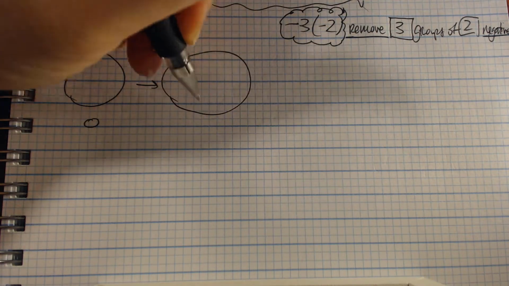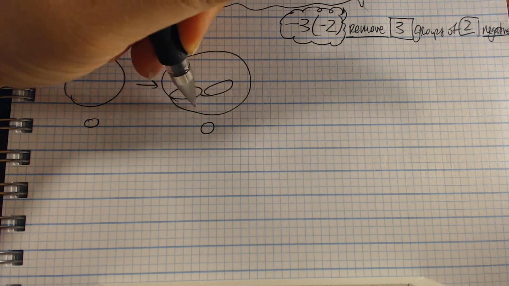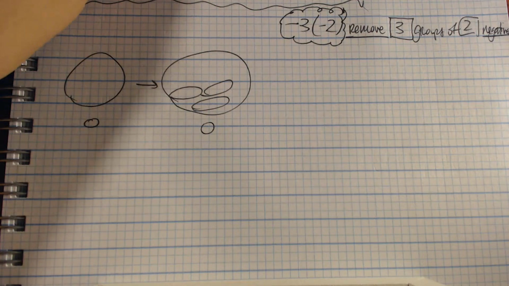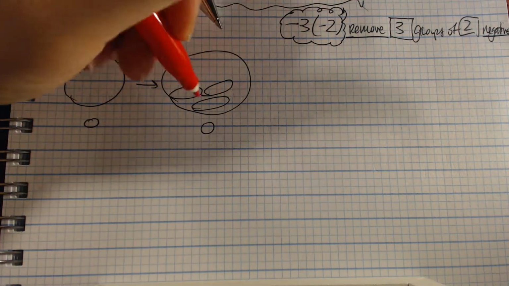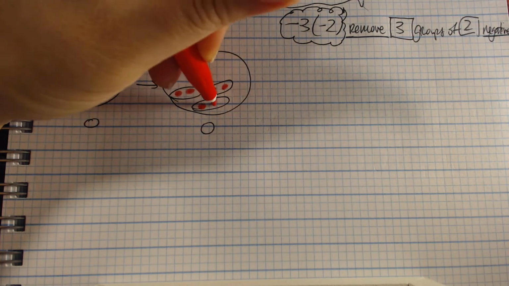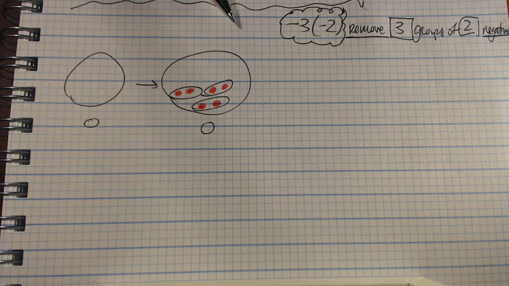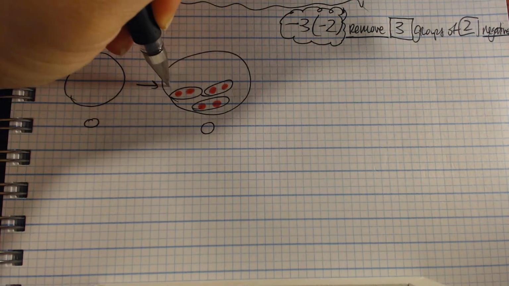But I'm still starting off at 0. So I'm going to put in 1, 2, 3 groups of 2 negatives. And then I have to put in 3 groups of 2 positives, so that way it's still 0.